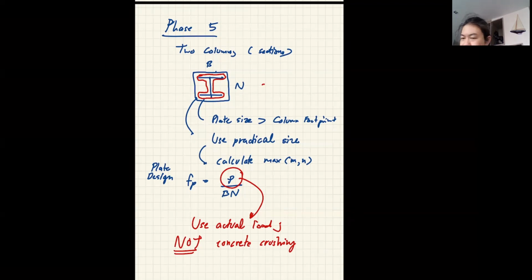Then many students end up using the concrete crushing load to design the base plate. No, you use the load that your column has to carry. That's the real load that we aim for. These are the common mistakes made before. That's why I want to talk about it, to prevent you from making those mistakes again. It's written in design phase 5 already, but I think it's better to give a talk as well. Is there any question?